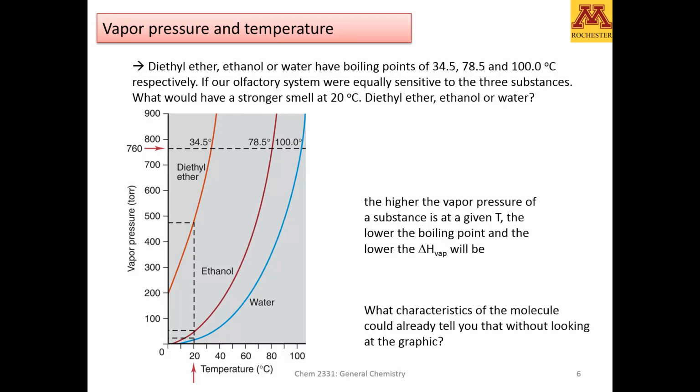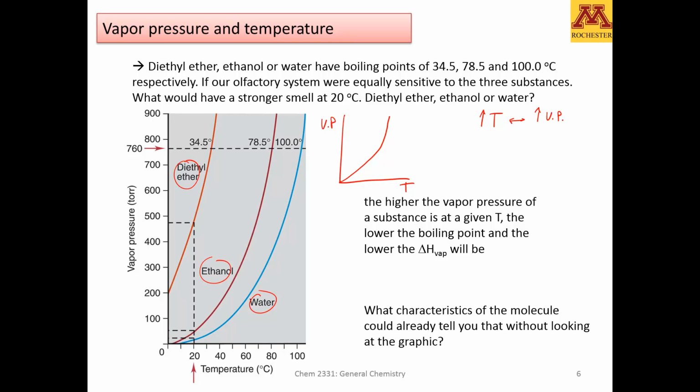Here we're plotting the curves of three different liquids. This is the vapor pressure versus the temperature, and you will see later that this typically has an exponential form. Okay, what does that mean? This tells you already that the higher the temperature, the higher the vapor pressure.